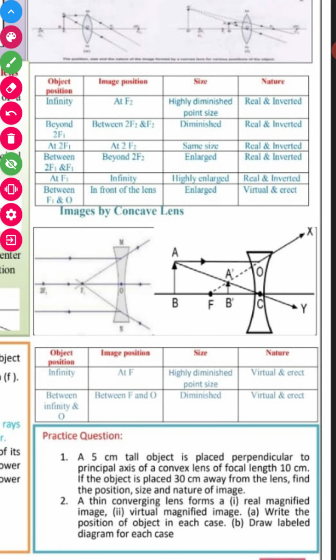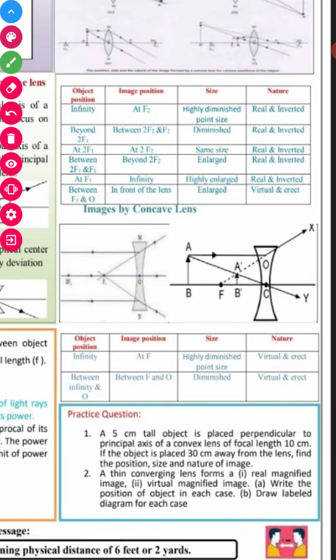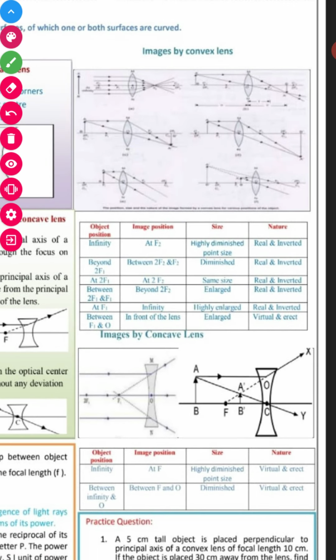Let's do the next question. We have a thin converging lens forming a real magnified image, and a virtual magnified image. Okay, first you have to draw the real magnified image. For that you have to draw, see, real magnified image.